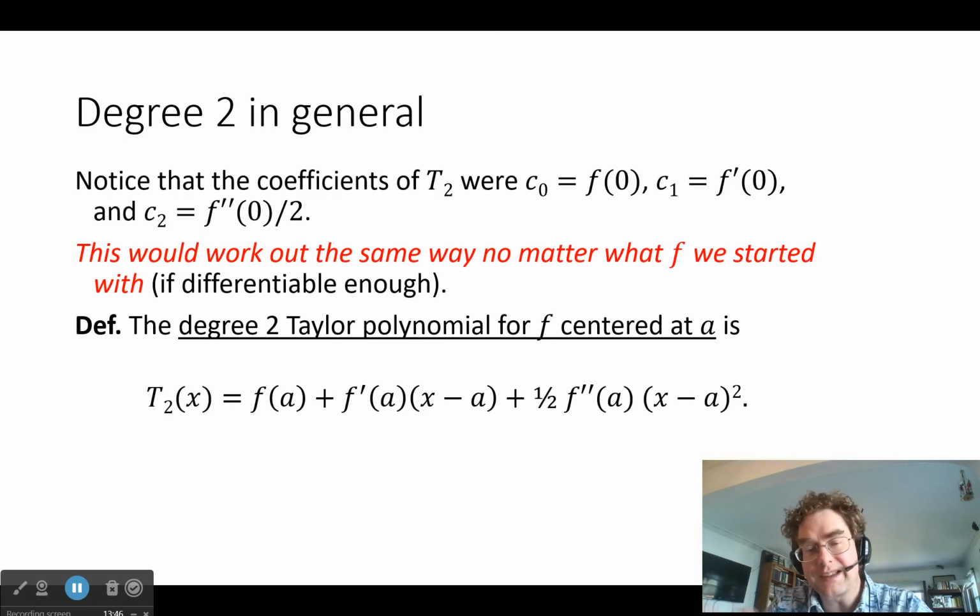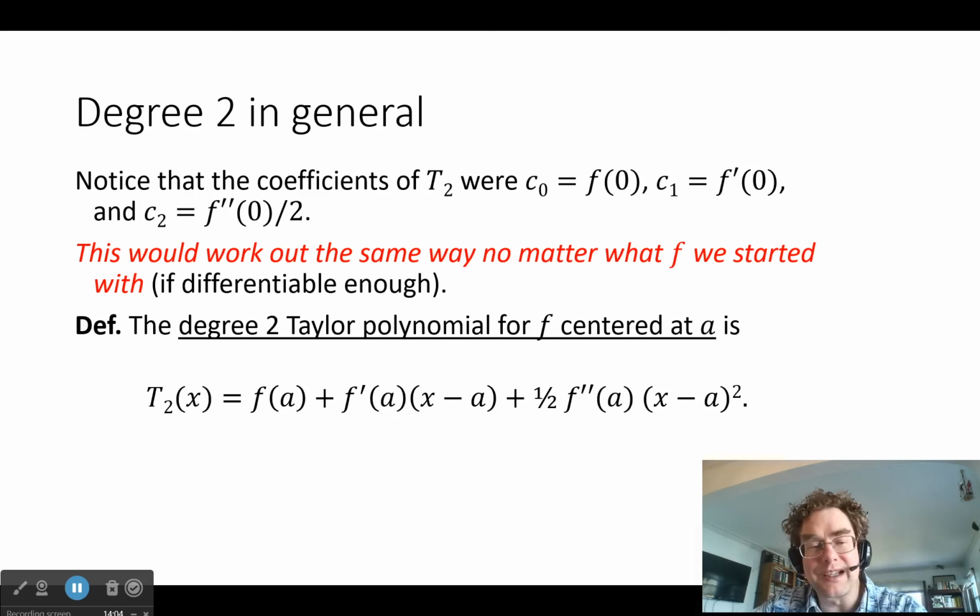Again, we did center at 0, but center at a, it's still going to be the same kind of thing. If you want things to match up at a, you need to evaluate at a, which might be some other value than 0, but otherwise everything's going to work the same way. Oh, you've also got the x minus a's in there. That's a little bit different as well.